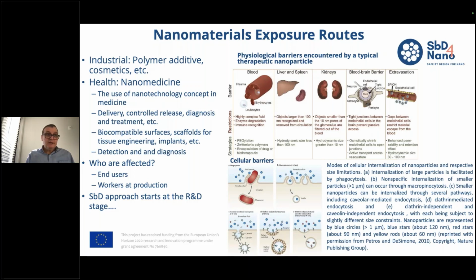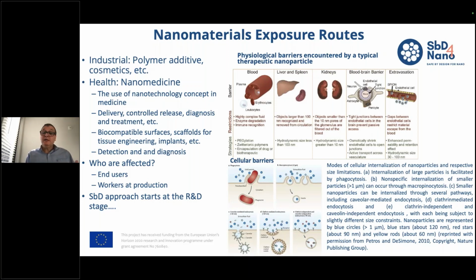The concern is that if these materials are used in any application, at one point humans will be affected. Also, the environment will be affected, because we first, as humans, use a product, and then these materials go to the environment, right? So there are a lot of different scenarios in which they can affect health and the environment.